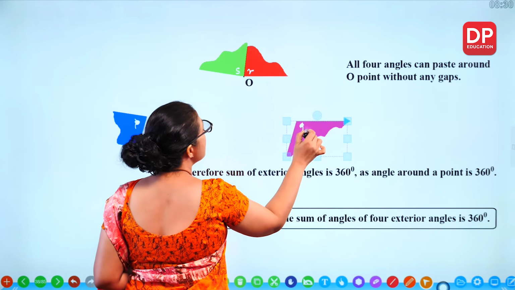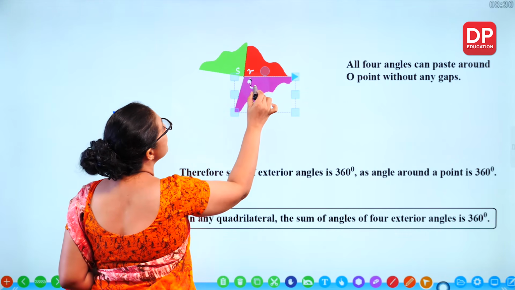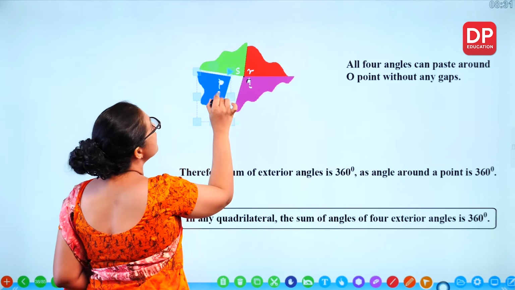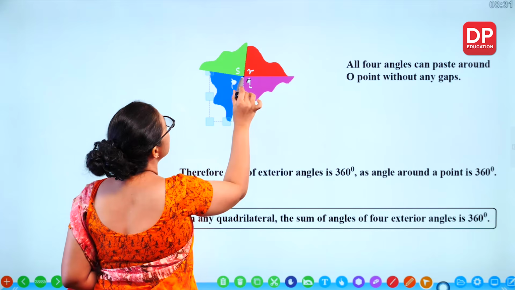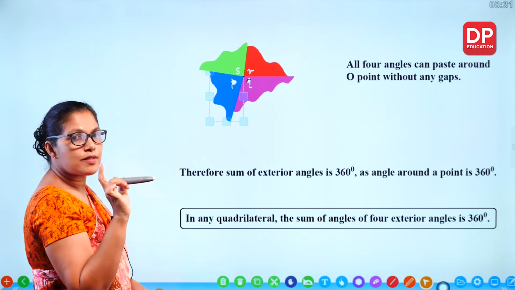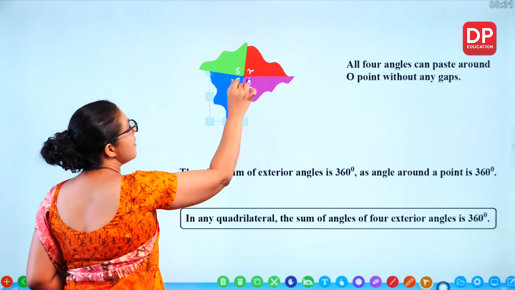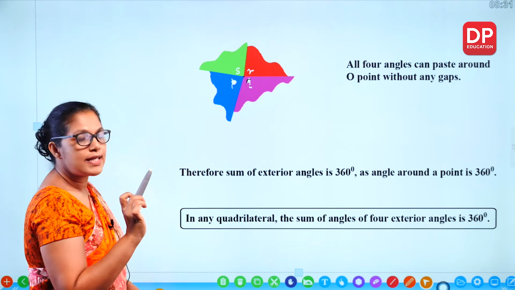Then take this one and try to paste it. What happens? And this one. So when you paste it, what happens? You are not getting any gaps or overlaps. This is exactly fit around a point.